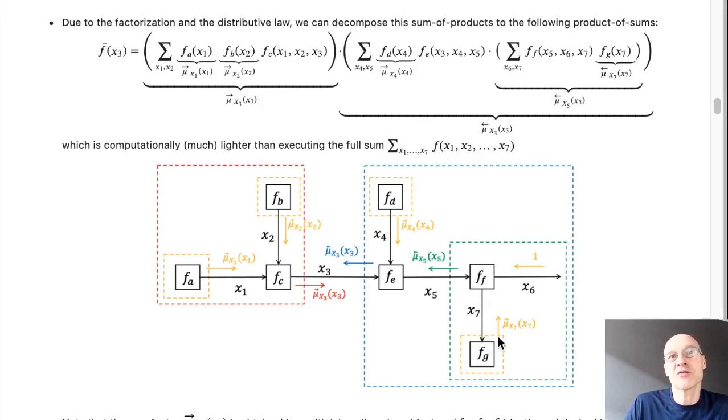Well, it's computed out of this arrow and F7. And how is this blue arrow computed? It's computed out of this message from X4, the message from X5, and FE. How is the red message computed? It's computed out of the orange arrow here from X1, this incoming arrow to FC, and FC.